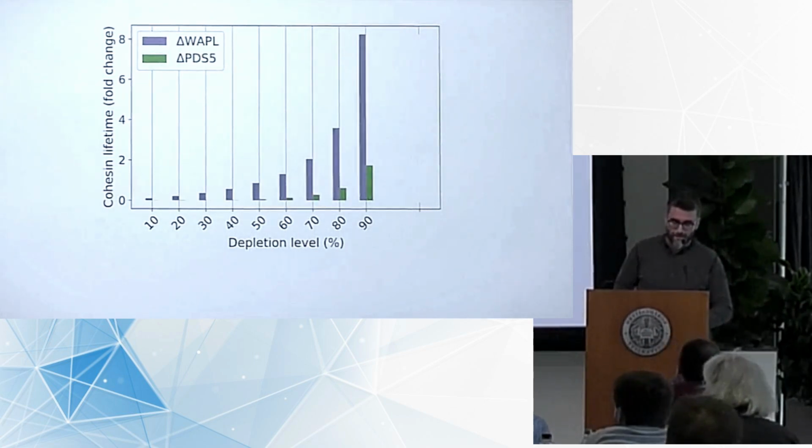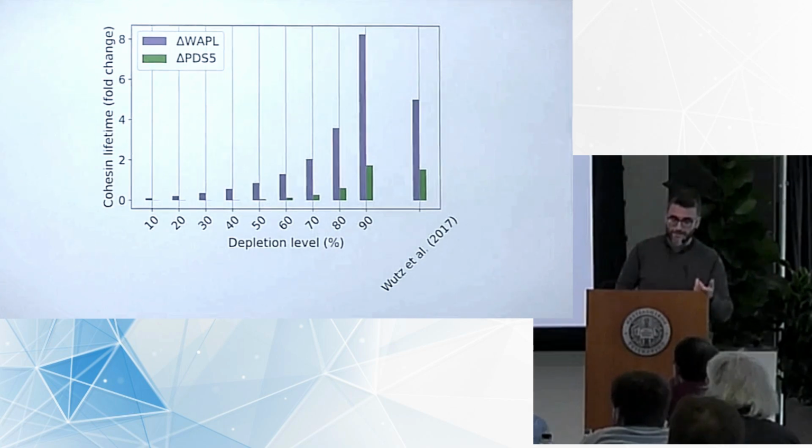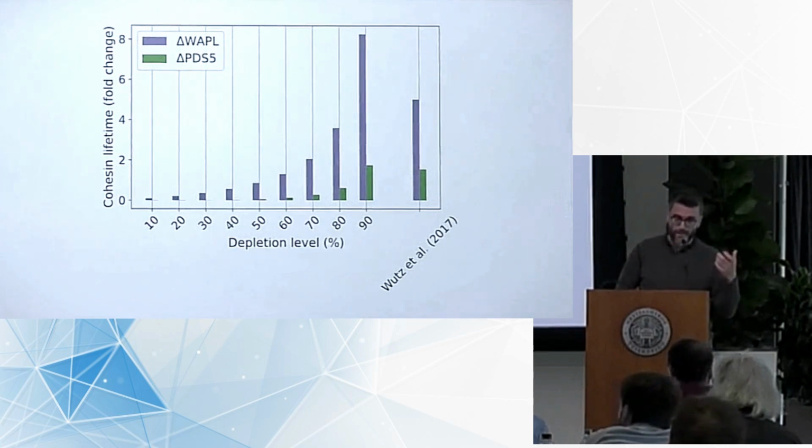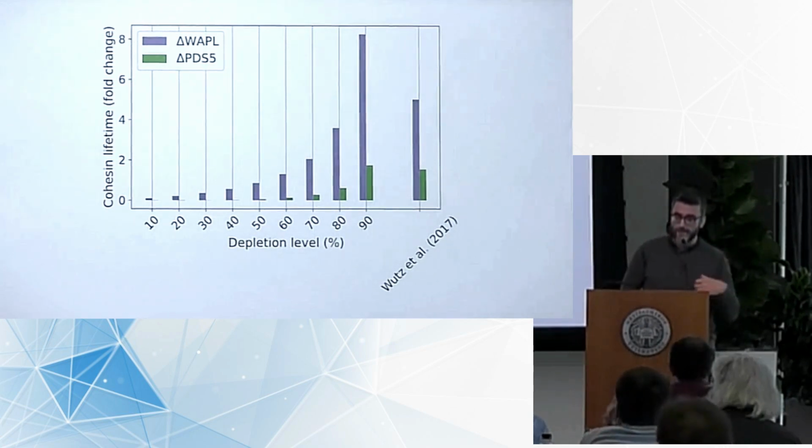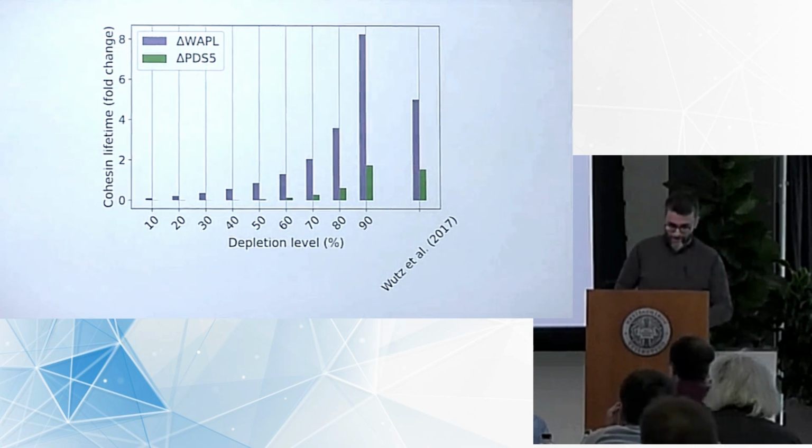And then PDS5 also goes up, not as much. And what we see is in a similar ballpark to the observations reported from FRAP. And this is something that didn't go into the model, so we're pretty excited that we could also explain this. We can explain not only wild-type genome folding patterns, but also quantitative depletion FRAP observations.